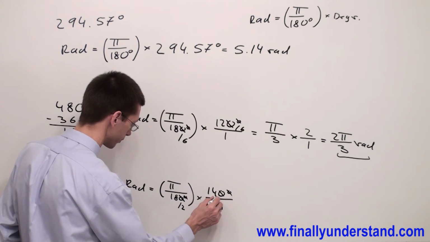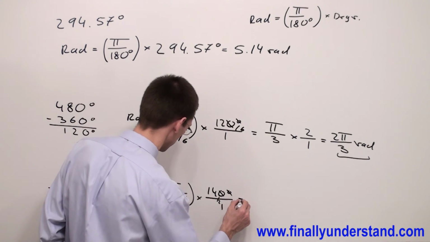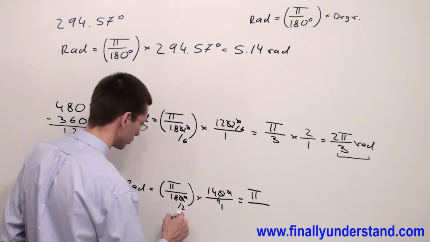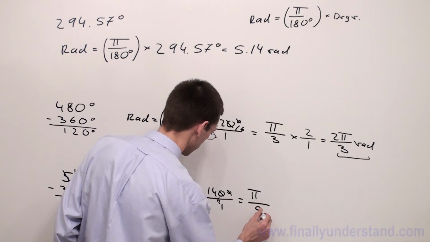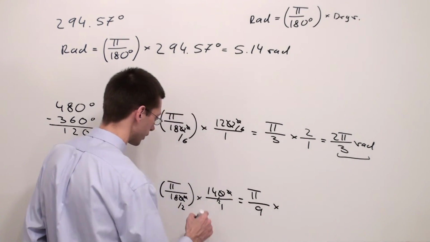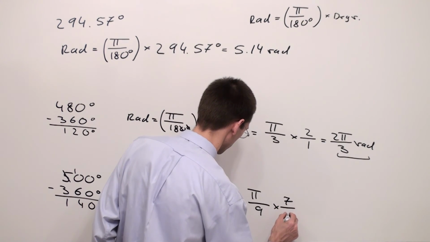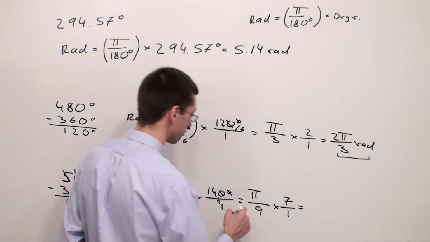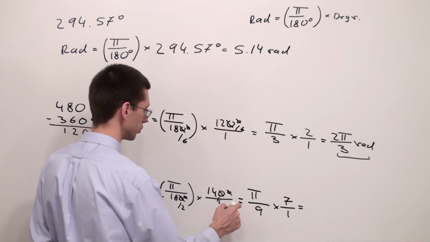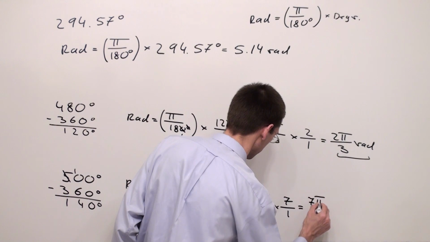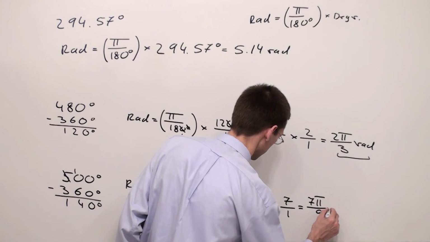That's why I'm going to have pi over 18 divided by 2, which is 9, times 14 divided by 2, which is 7, over 1. Anytime you multiply fractions, you have to multiply numerator by numerator, denominator by denominator. That's why you will get 7 pi over 9 radians.